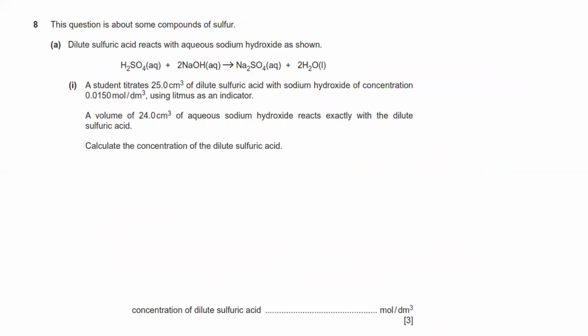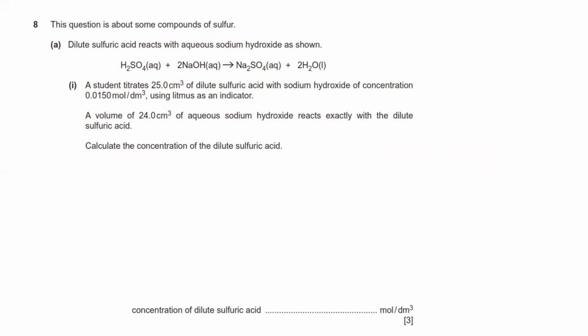Okay, so moving ahead, the next question is question number 8, and it says this question is about some compounds of sulfur. Part A: dilute sulfuric acid reacts with aqueous sodium hydroxide as shown. So sulfuric acid plus base gives salt plus water.